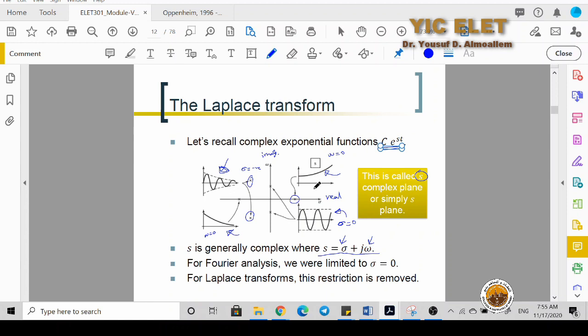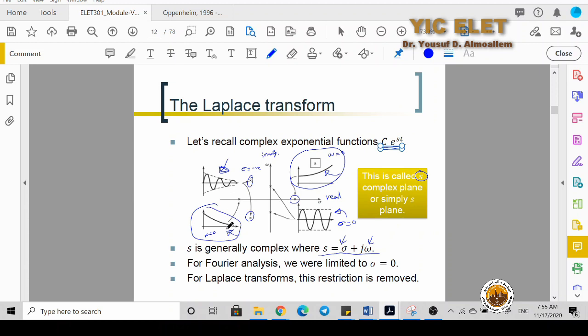So as we can see, when we do have 0 omega, we will have purely real functions as shown here and here. This is purely real, whether it is exponentially increasing or exponentially decreasing.